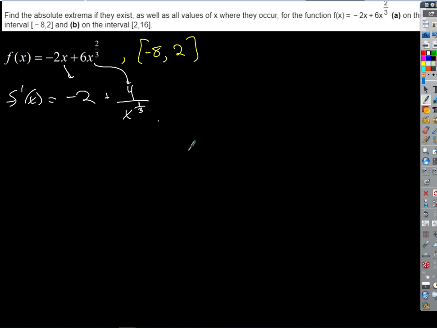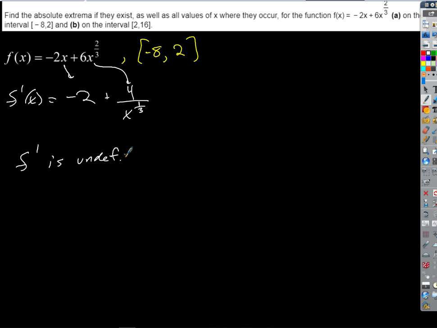Now we want to find all the critical numbers. What's one thing that could be happening to cause a critical number? The derivative could be undefined. What's the other thing? The derivative could be equal to 0. So let's find those places. f prime is undefined where?